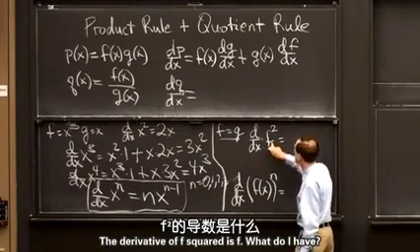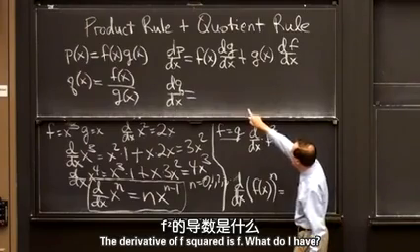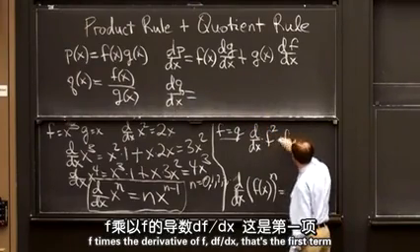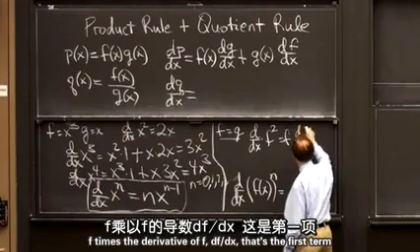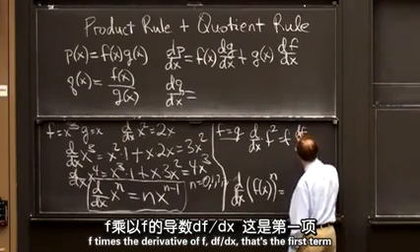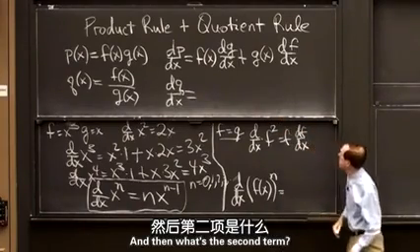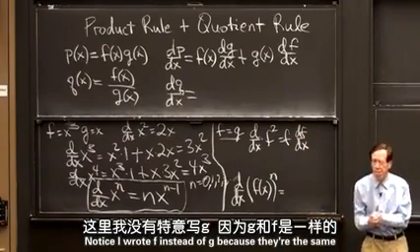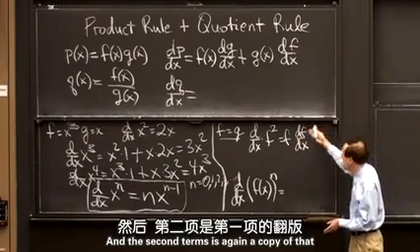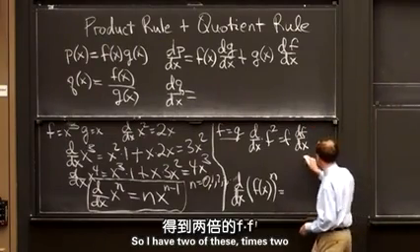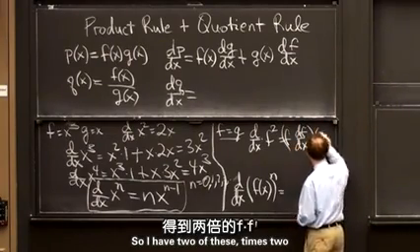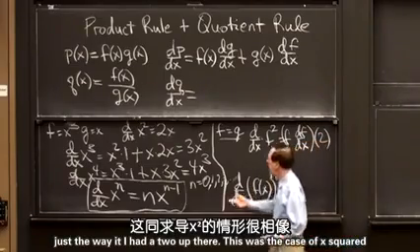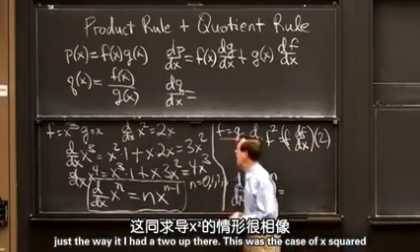The derivative of f squared is f times the derivative of f, df dx, that's the first term. And then what's the second term? Notice I wrote f instead of g because they're the same. The second term is again a copy of that. So I have 2 of these, just the way I had a 2 up there.